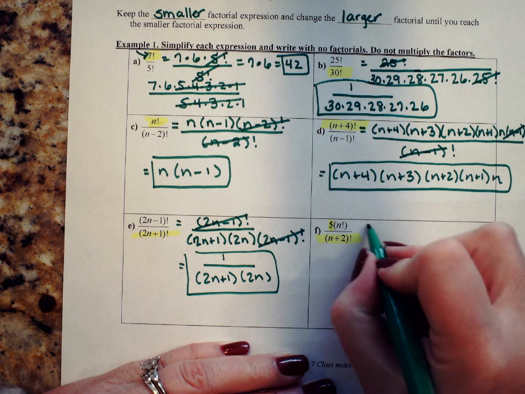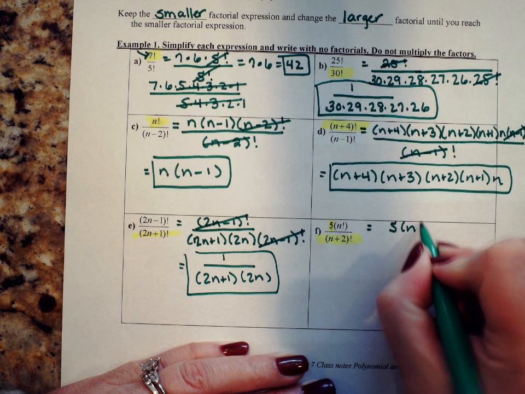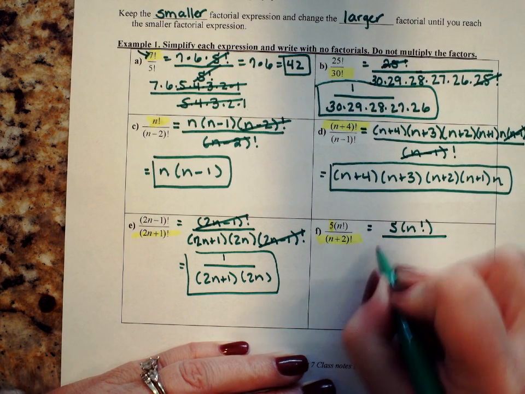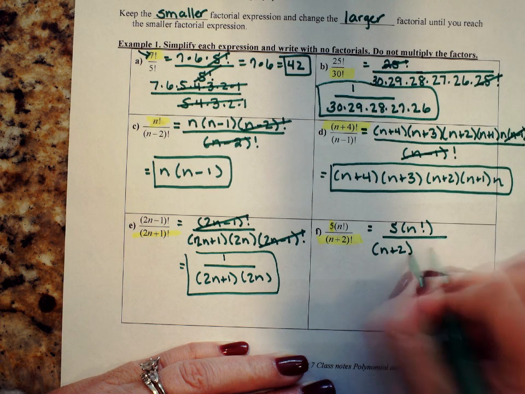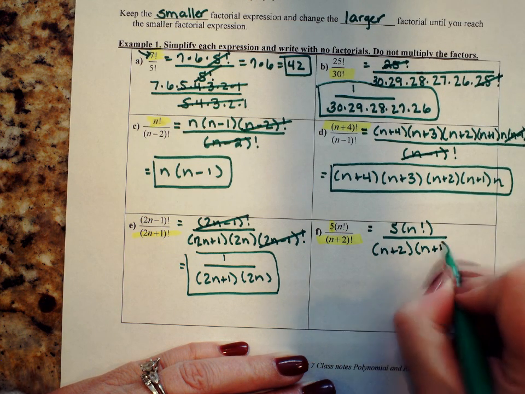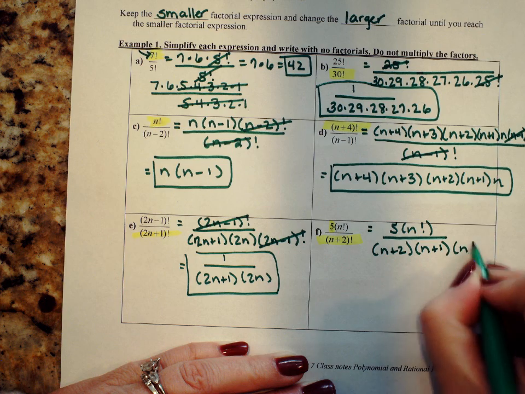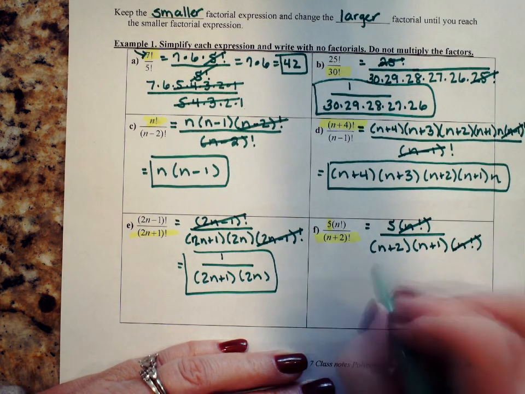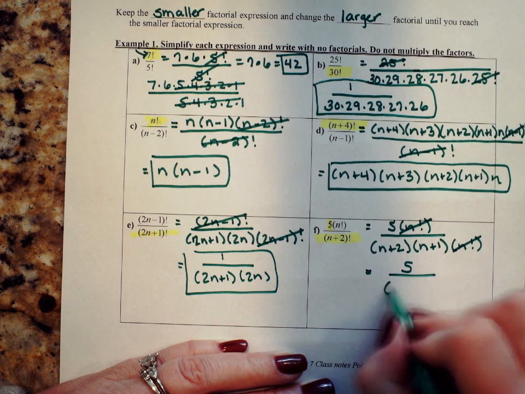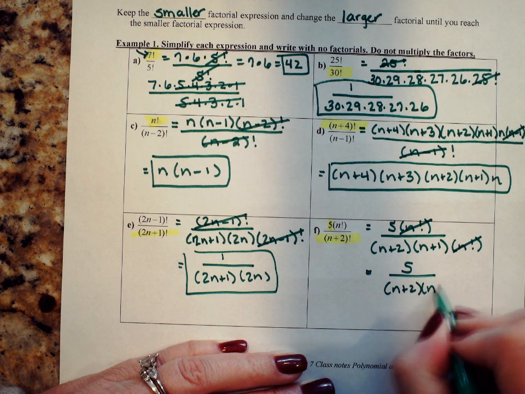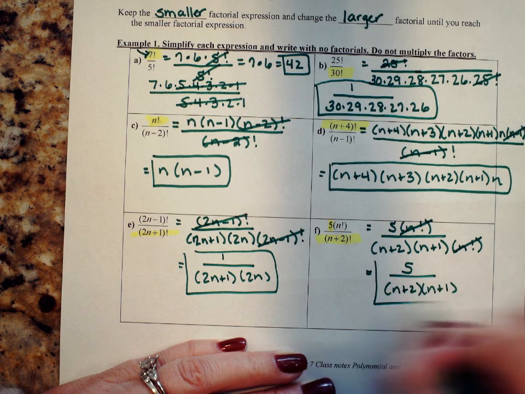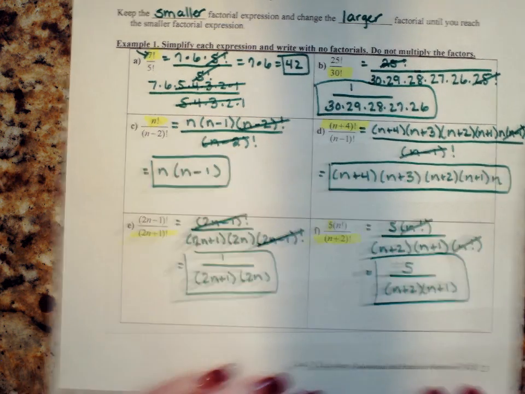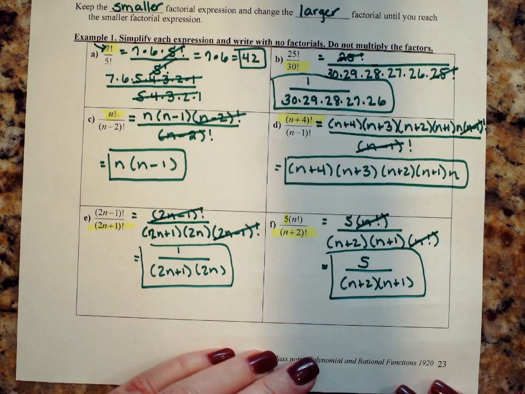I'm going to leave my numerator alone, and I take n plus 2, subtract 1 from it, which is n plus 1, subtract 1 from this, which is n factorial. I'm just crossing out the n factorials, so that leaves me with 5 over n plus 2 times n plus 1. That's how you can use factorials and simplify expressions.